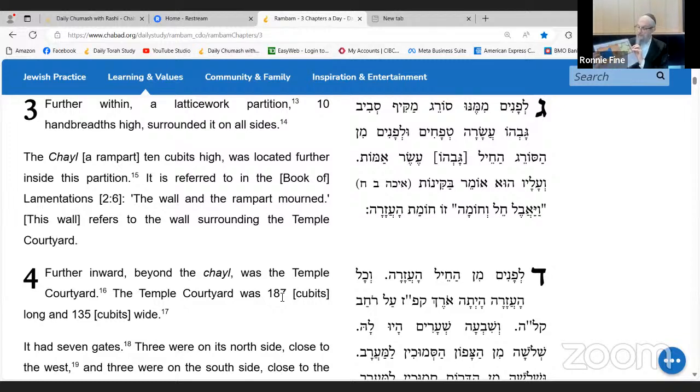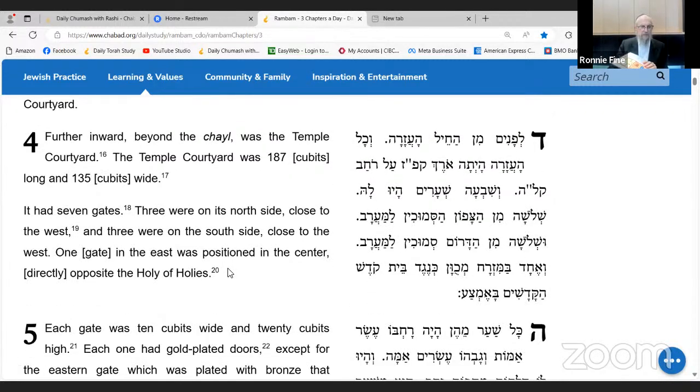Right. And right inside of that is 12 steps going upwards, right? Number 4, further inward beyond the Chayil was the temple courtyard. This is the temple courtyard here. It was 187 cubits long, 187 this way, by 137 this way.